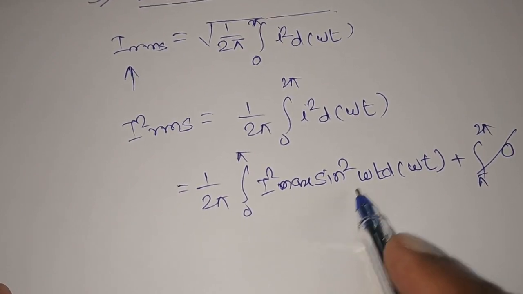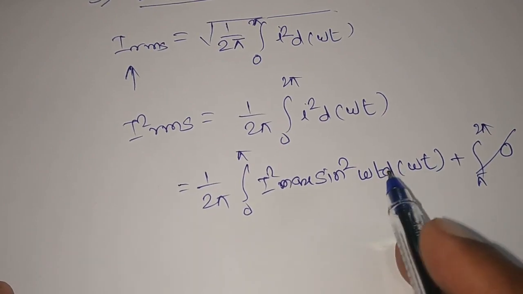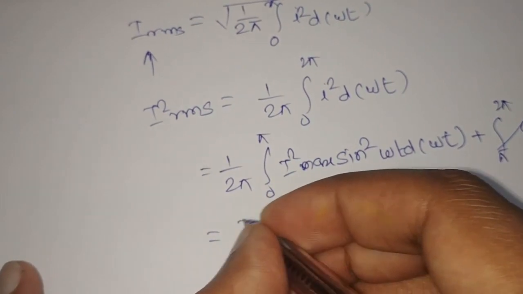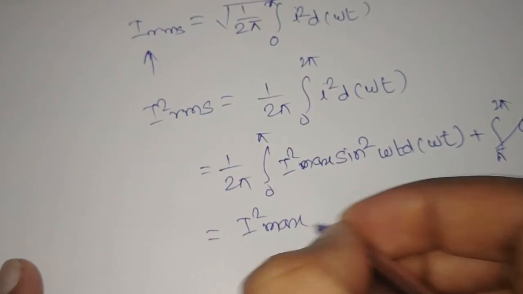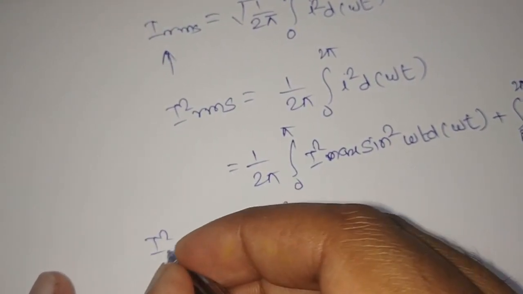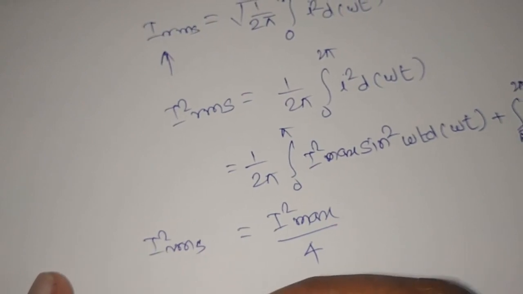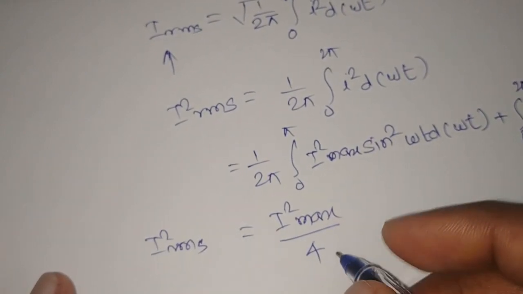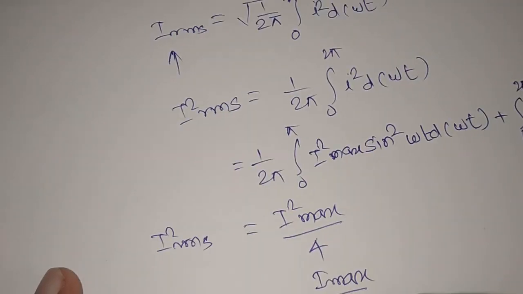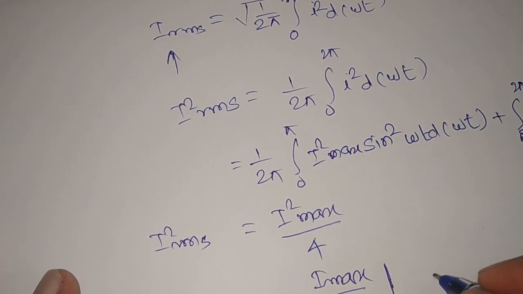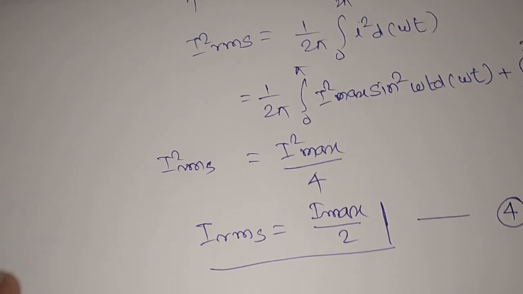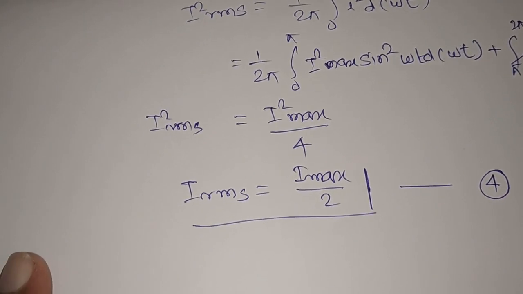So we have sine square omega t d omega t. If we integrate and put the limits, we will get a value like I square max by 4. So this will be I square RMS value. So what will be I RMS from here? I RMS value will be I max by 2. So we will call it next number of expression, say 4. So this is expression number 4.